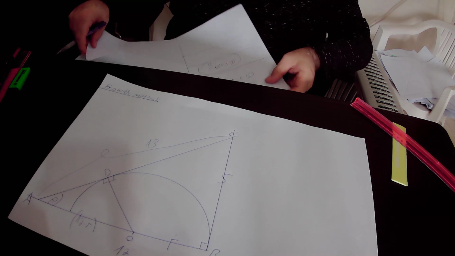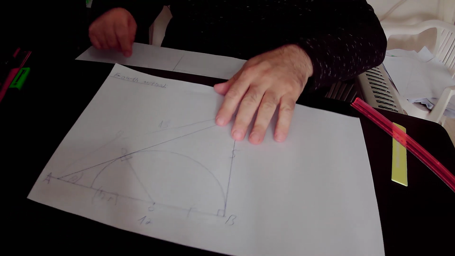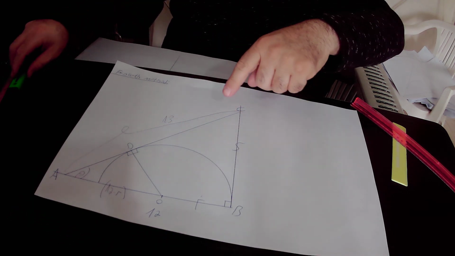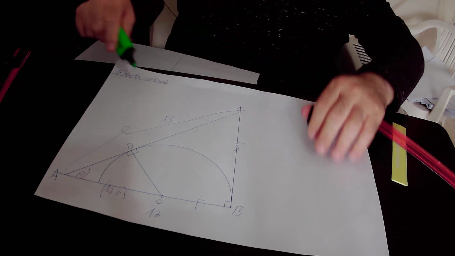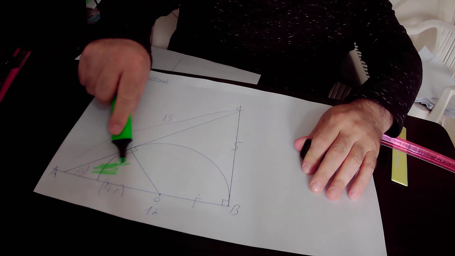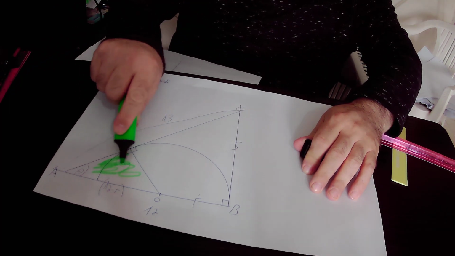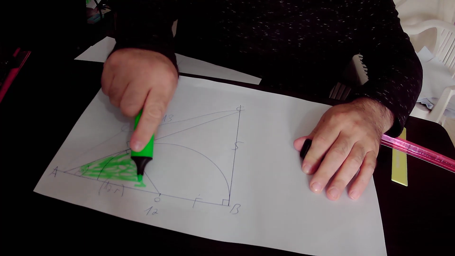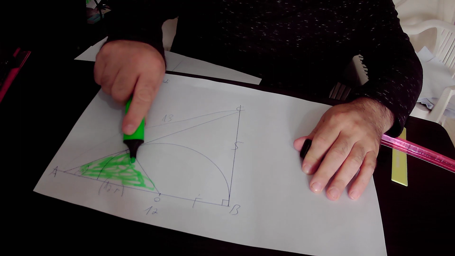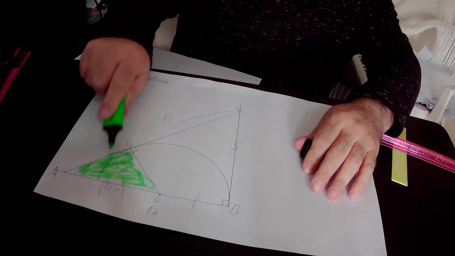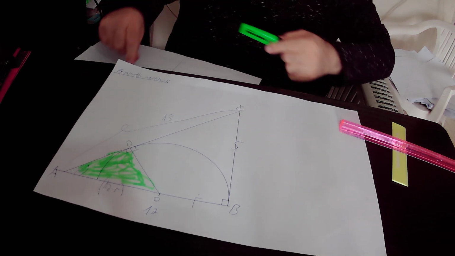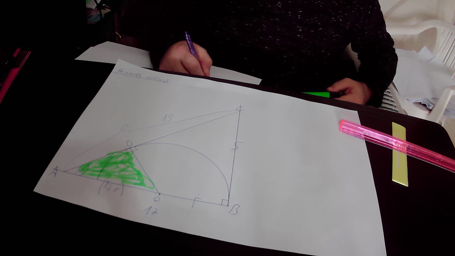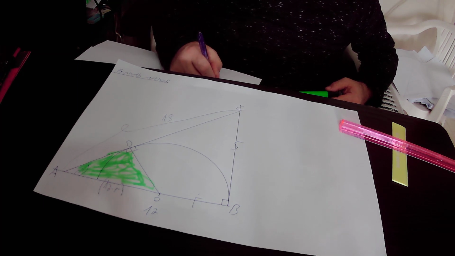We will focus on the green right triangle, triangle ADO. On the right triangle ADO, according to the Pythagorean theorem, the square of the hypotenuse equals the sum of the squares of the perpendiculars.